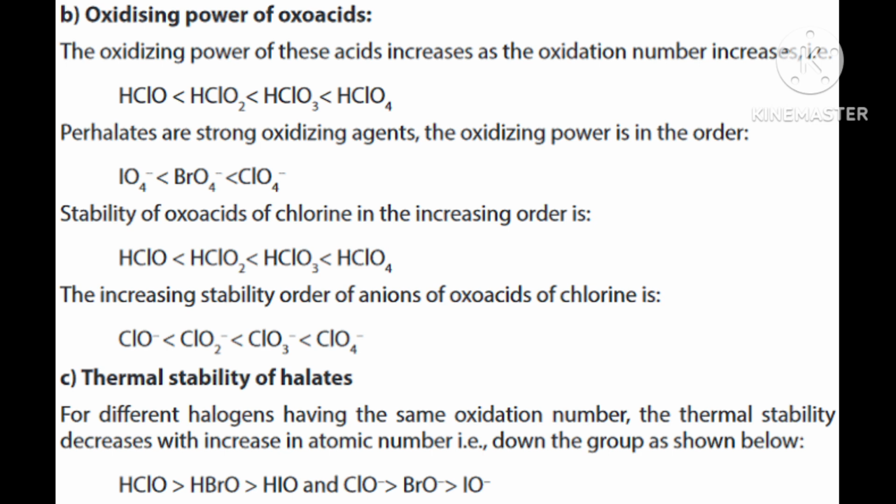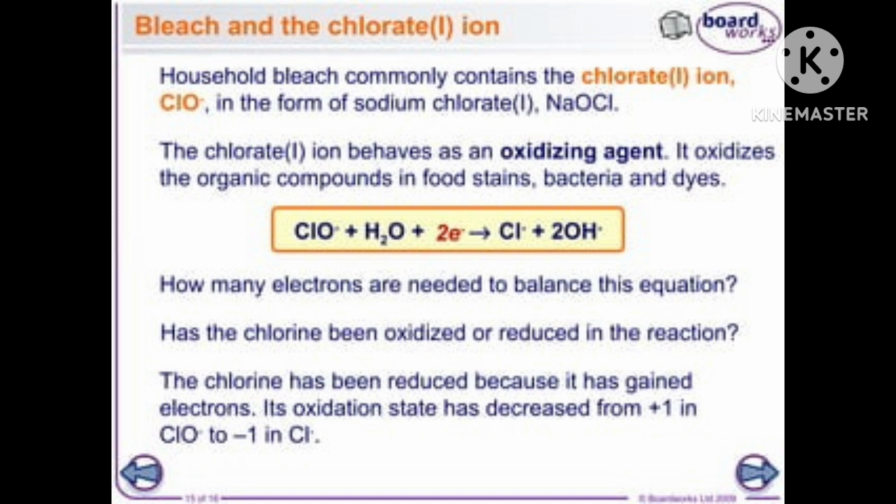I am talking about the oxides: oxides of iodine, oxides of chlorine, oxides of bromine. Oxides of iodine are more stable than those of chlorine, and those of chlorine are more stable than those of bromine.